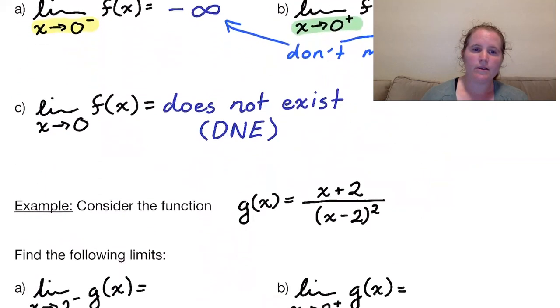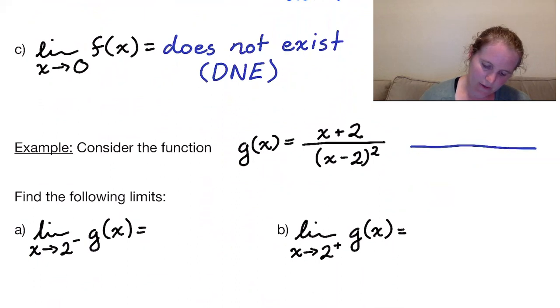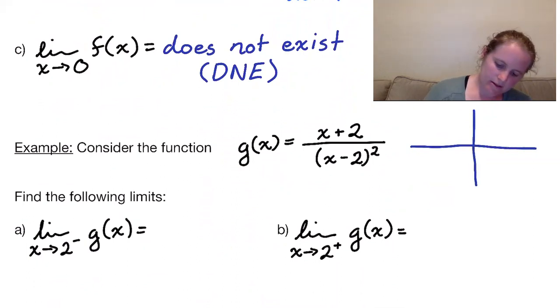Now let's take a look at the function g of x equals x plus 2 over (x minus 2) squared. If we consider the graph of this, when x is negative 2, we're 0.